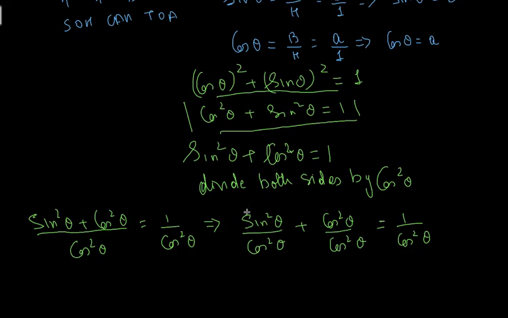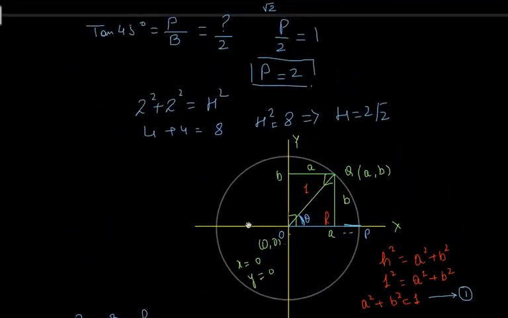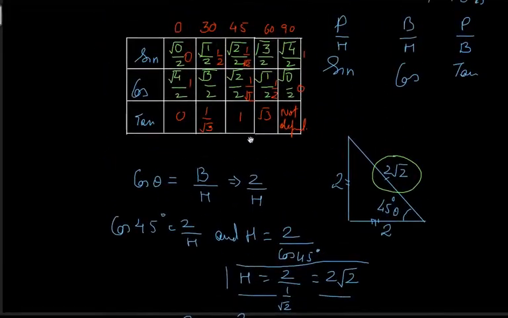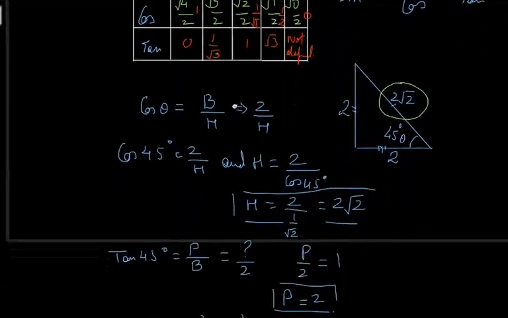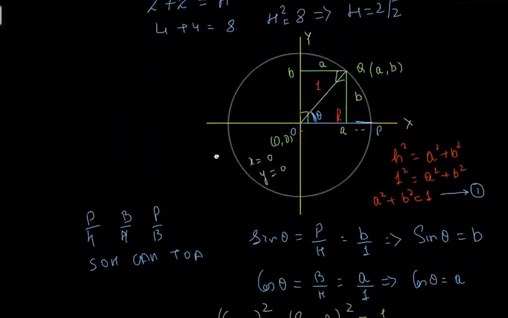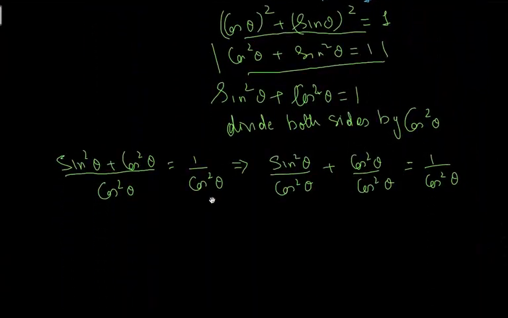Okay, cool. So, what is sine square theta by cos square theta? Remember when we studied these? Okay, it was in a different video. Okay, cool, no issues. So, in the first video, when we were talking about the trigonometric ratios, what we said? We said sine theta by cos theta is equal to tangent of theta, right?